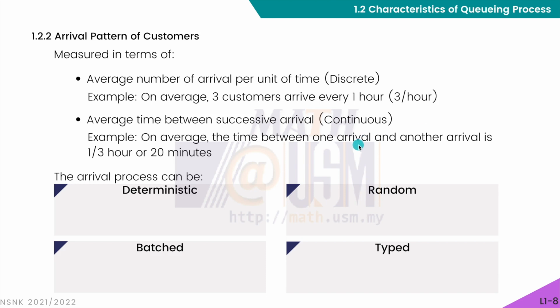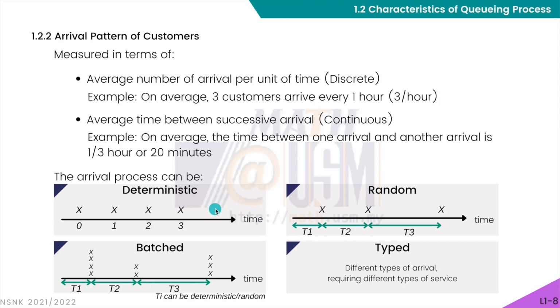We're looking at time here, so this is a continuous process. The arrival process can either be deterministic, random, batch, or type arrival. Deterministic arrival considers a constant time interval between successive arrivals.